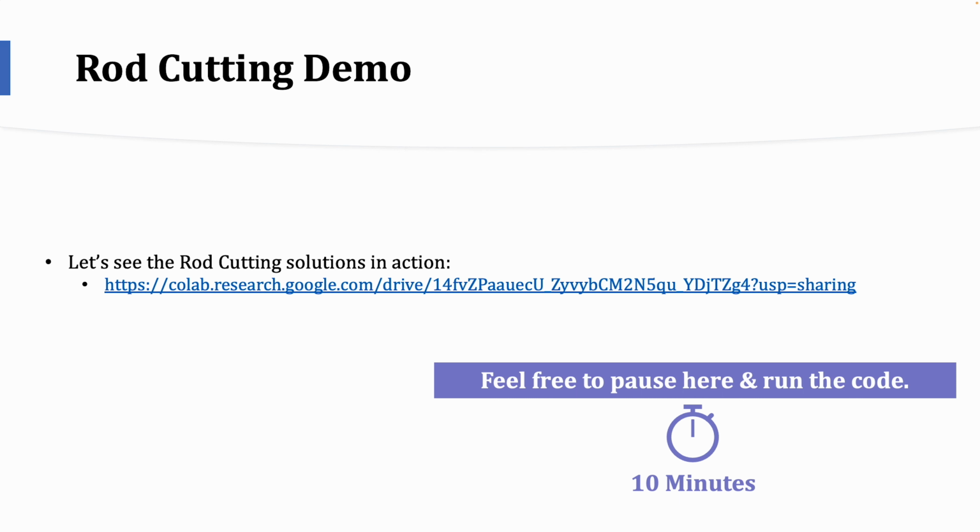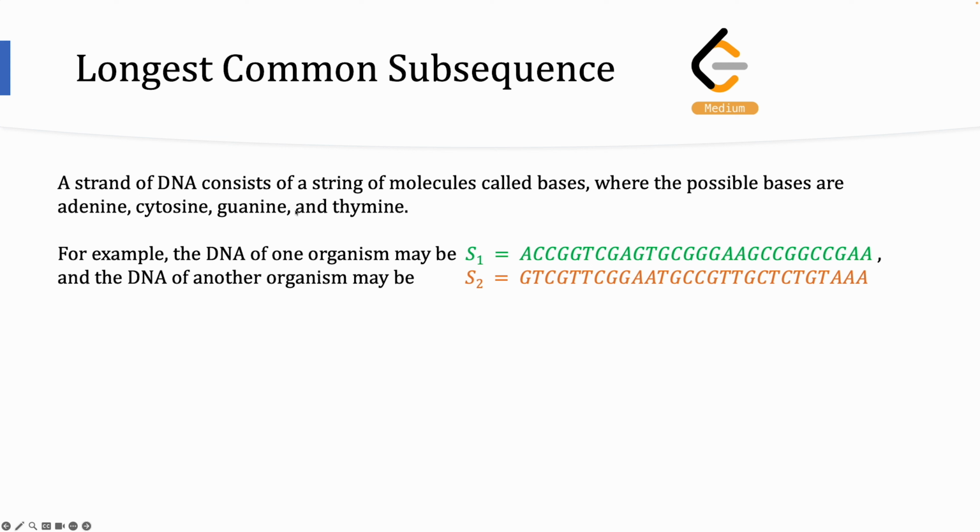Another fundamental and classical problem where dynamic programming can shine is the problem of longest common subsequence, which happens to be a LeetCode question with medium level of difficulty. So picture a strand of DNA, which consists of a string of molecules called bases.